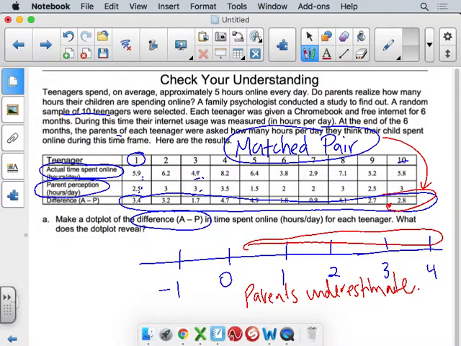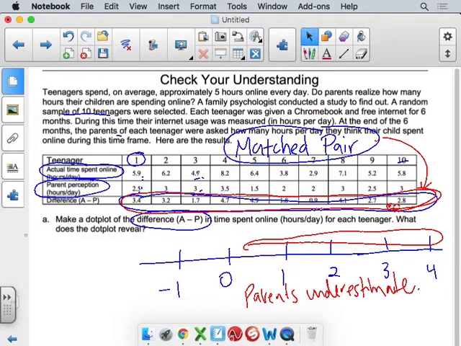We're gonna get this information in the calculator and do a one sample problem on the difference. So that's the big difference. If it's matched pairs, you do a one sample for the difference.